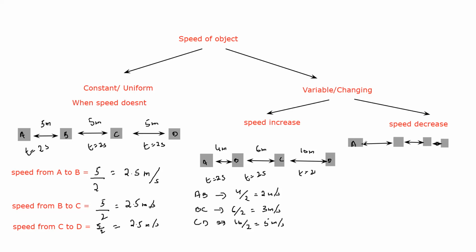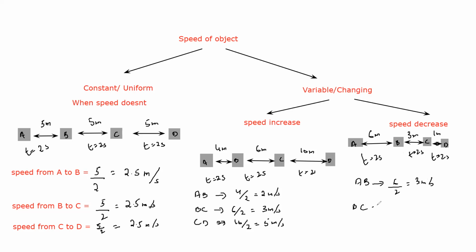So we have positions A, B, C, and D. For example, this was 6 meters, this is say 3 meters, and this one is only 1 meter. And the time interval is 2 seconds here, 2 seconds, 2 seconds. So when we find the speed of an object from A to B, it is 6 divided by 2, that is equal to 3 meters per second.